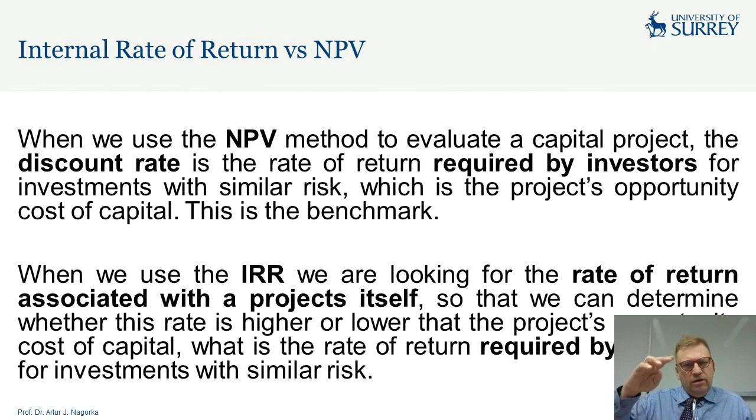Try to remember, we use the method of NPV by assuming a certain discount rate, which is satisfactory for some investors. So at this discount rate, the NPV will have to be at positive figures, right? This is the concept of this rate.